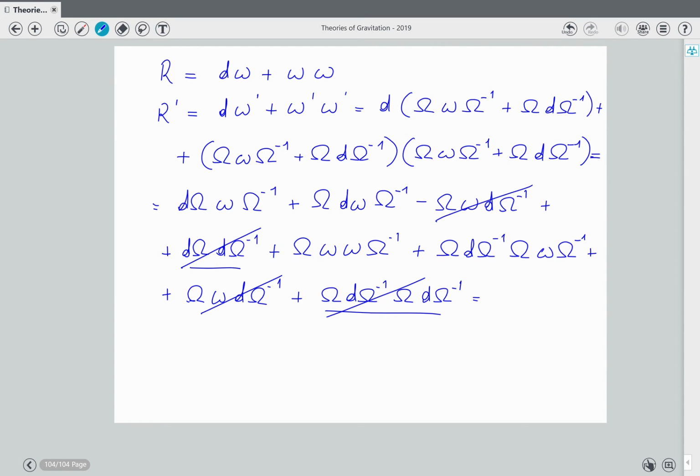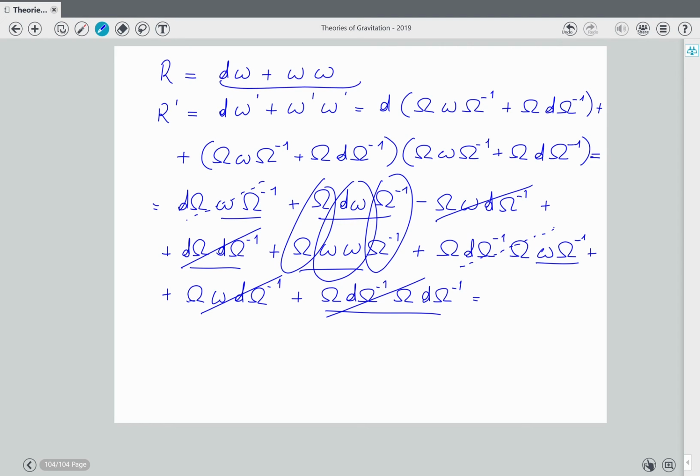And similarly, these two things cancel out for the same reason. They factor small omega Omega to the minus 1 to the right, and what multiplies them is again two opposite things. So those cancel out as well. We just remain of these two terms, which have one Omega to the left, one Omega to the minus 1 to the right, and in the middle they have just R.